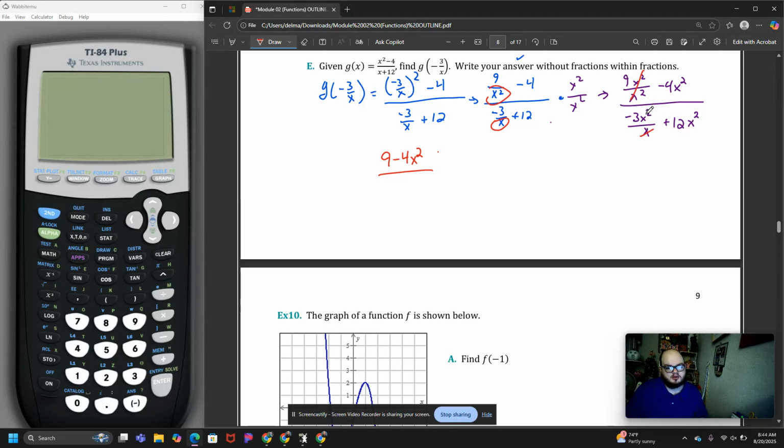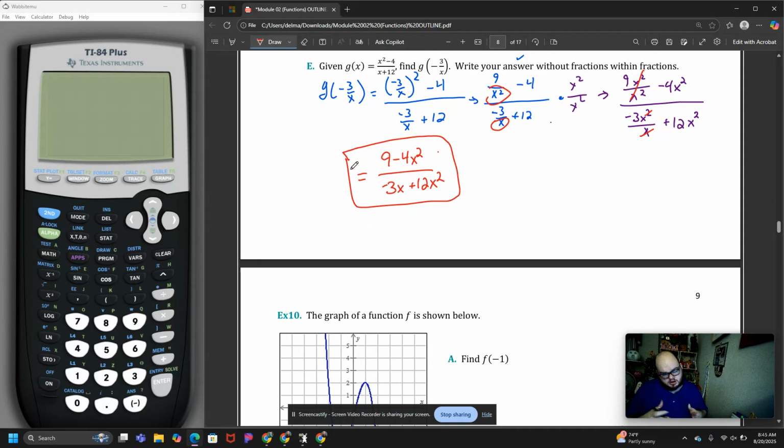So this x and the 2 are eliminated, so it's just negative 3x plus 12x squared. Now it's without fractions within fractions.